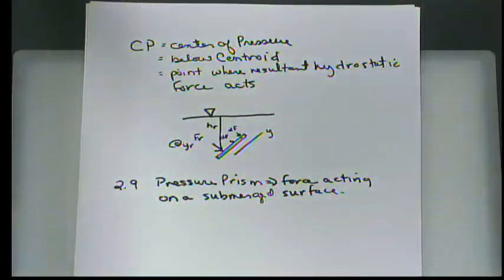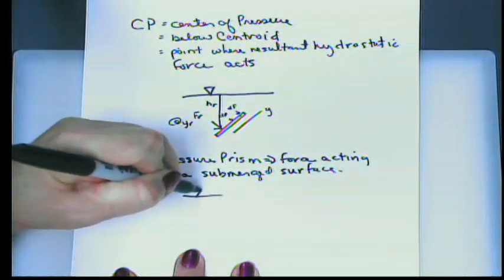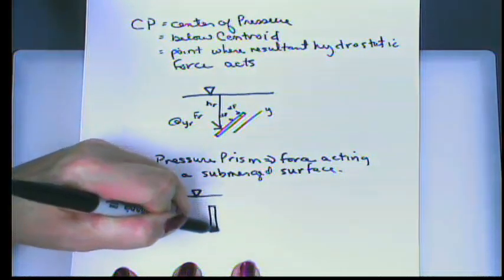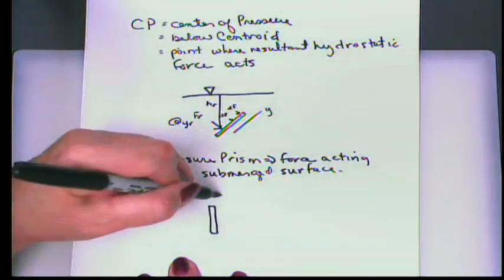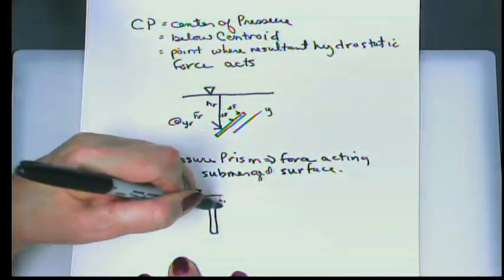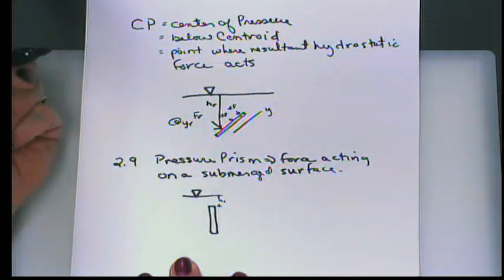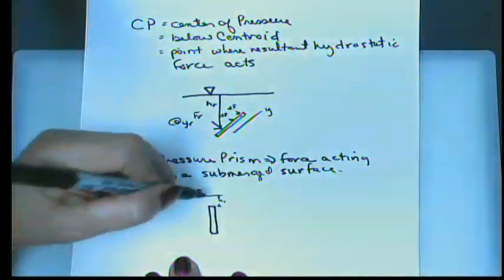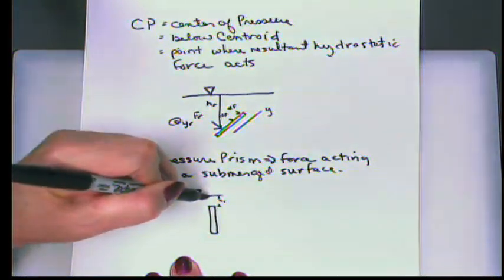So if we have a pressure prism, if we have a free surface that looks like this, and we have a plate that is submerged. Okay. Now let's say that this is H1 down to the top of the plate. In other words, the top of the plate is beneath the surface of the water. At the surface, our gauge pressure from our hydrostatic pressure is going to be 0, isn't it?